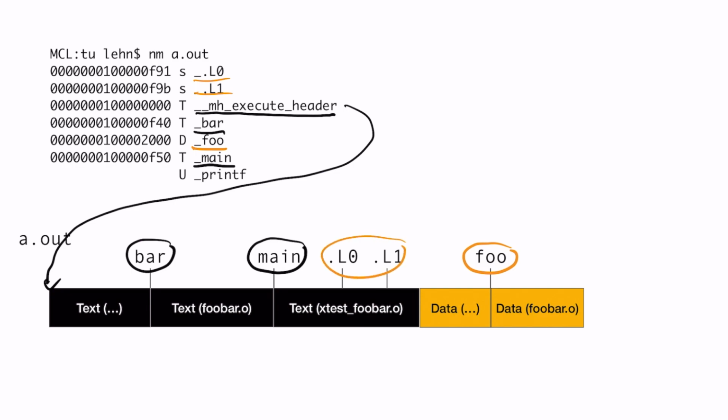But the important thing is printf is still unresolved. The reason for that is that the code for printf is on my machine located in a so-called dynamic library or shared library. Both terms are common. Shared library is more the Linux term. Dynamic library is more common for Mac and Windows.